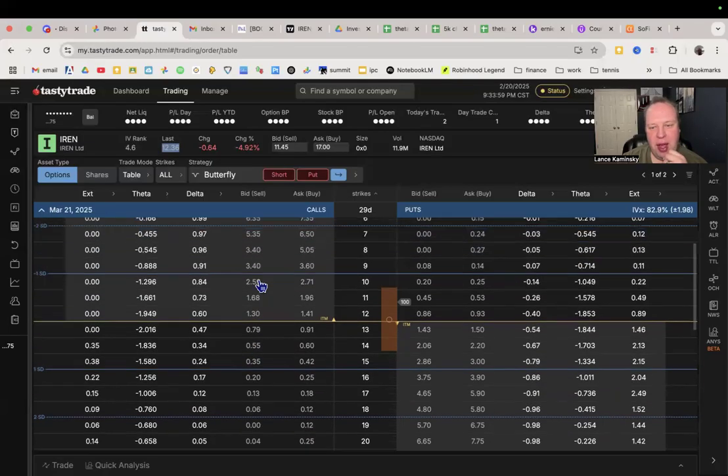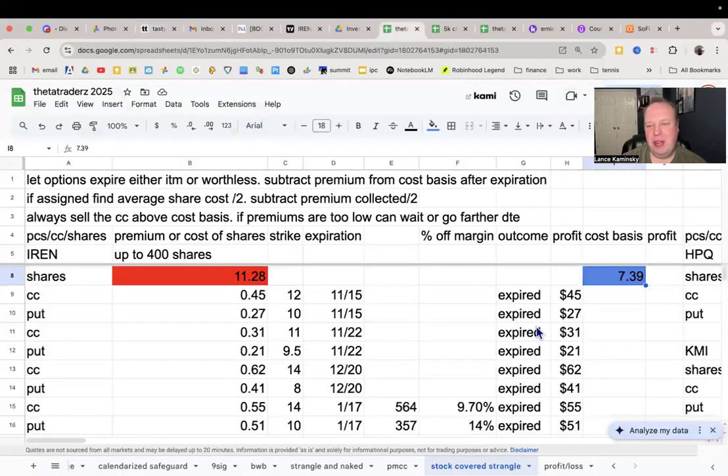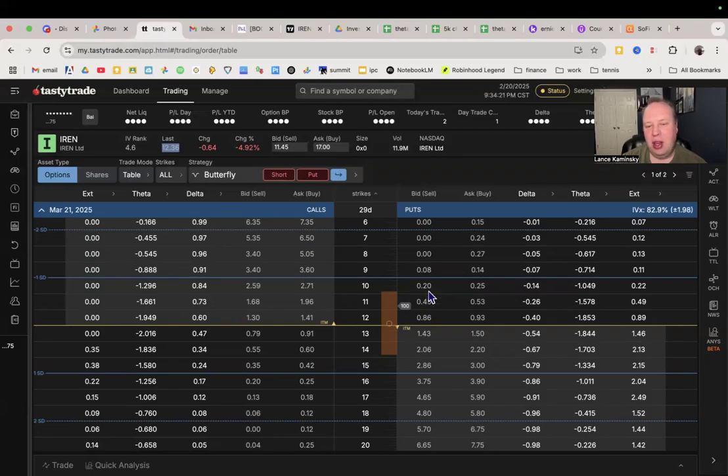For the put side, I would probably look at the 10 strike, maybe even the 11 strike. If I was just starting out on the position, the 10 strike probably makes more sense. But my cost basis is lower, my cost basis is 7.39, so I wouldn't mind getting assigned a little bit higher, just in my case.